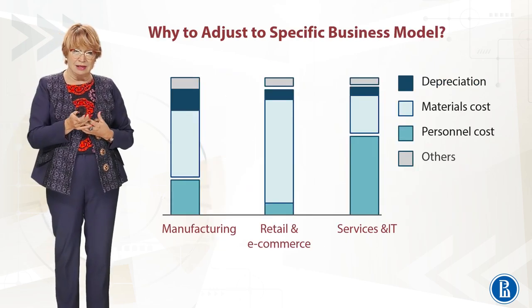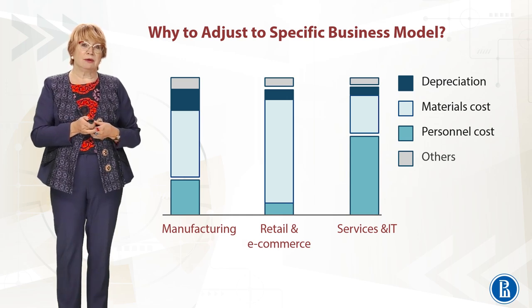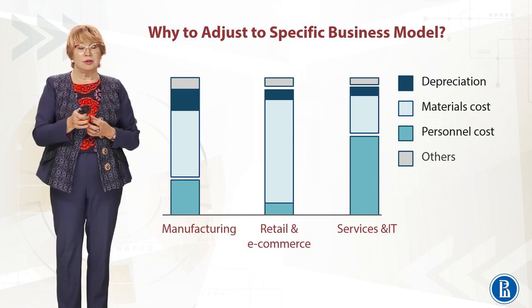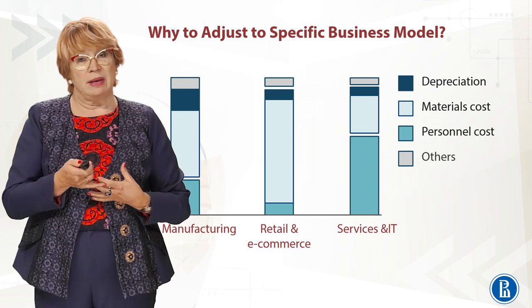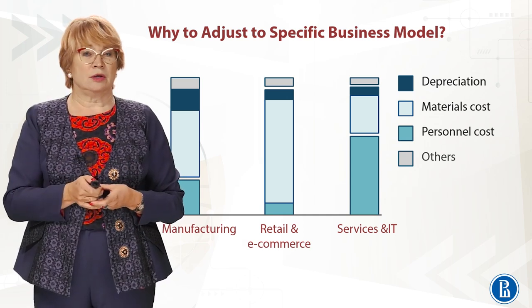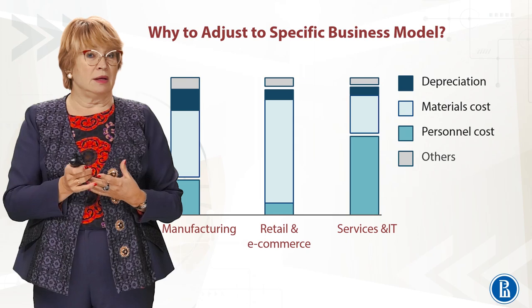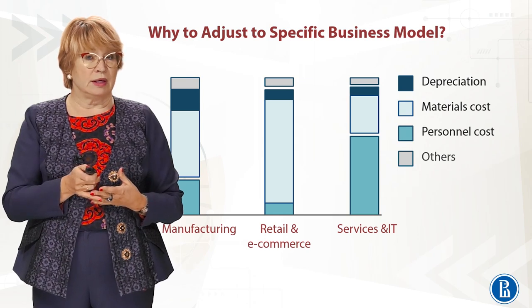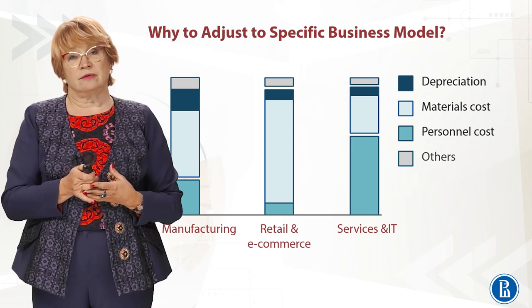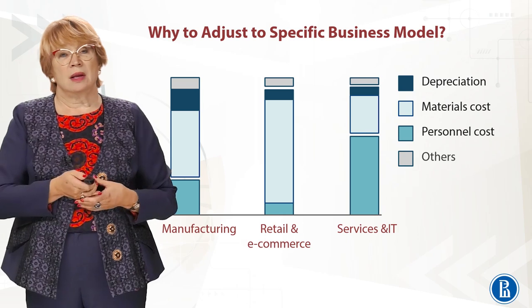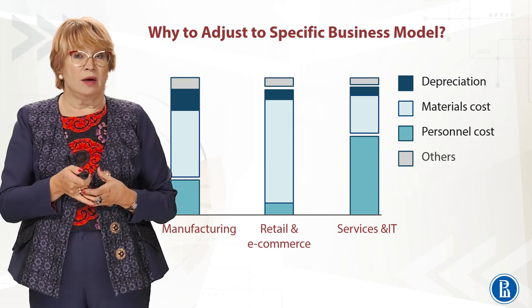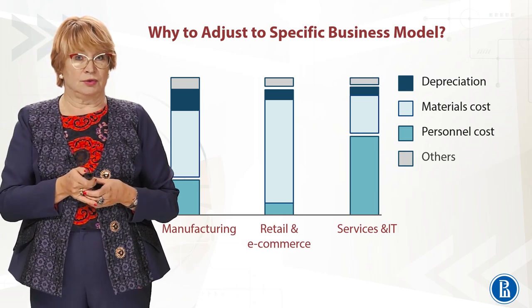Why do we need to adjust to specific business models at all? Just this simple representation gives some background for argumentation. Let's say in the manufacturing sector, which includes several very different industries, you may have one type of cost structure.